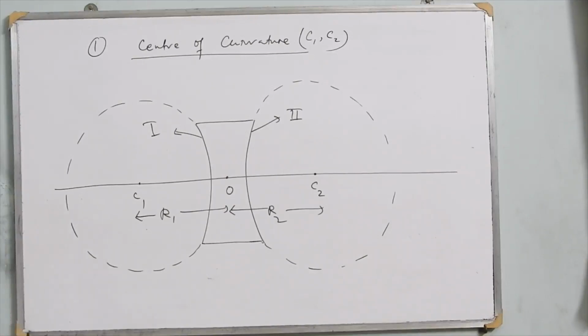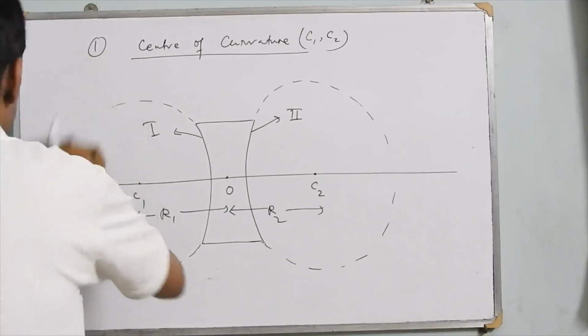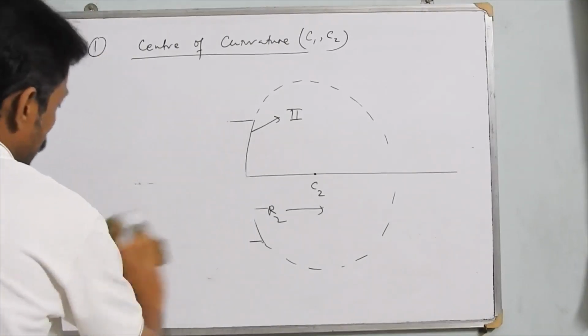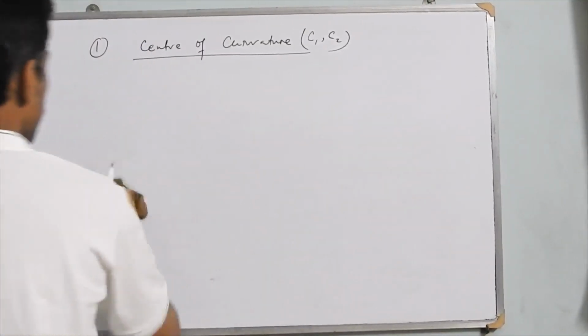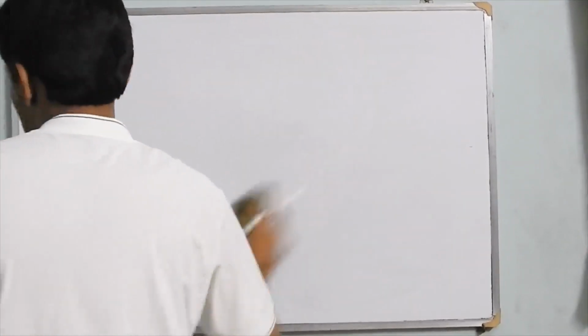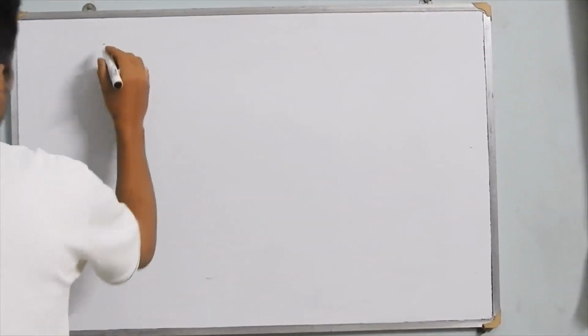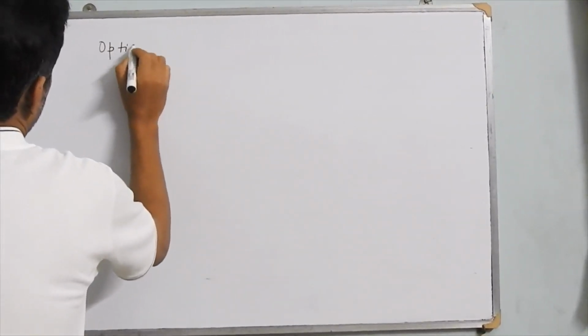So now we have to realize what optical center is. So optical center is different for different types of lens. I mean, if the lens is a thin lens, then it is different, and if it is a thick lens, then it has been defined in a different manner.